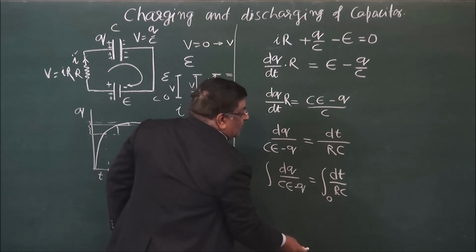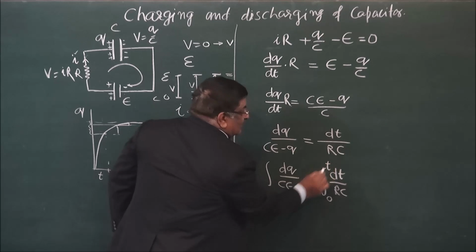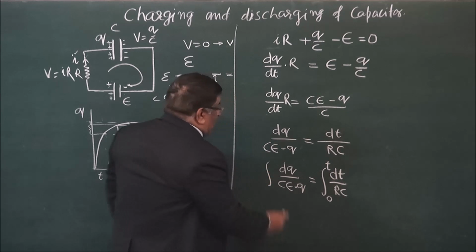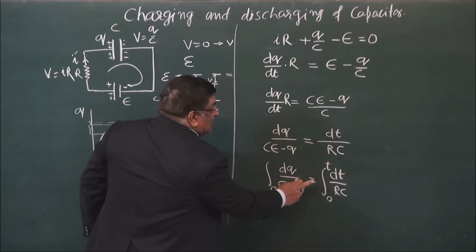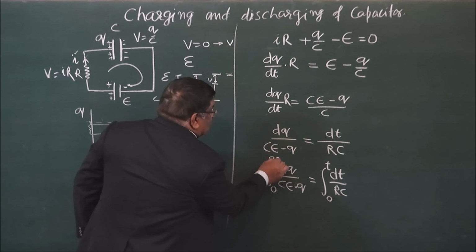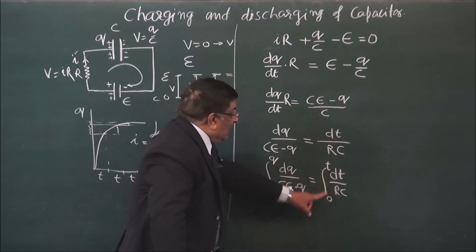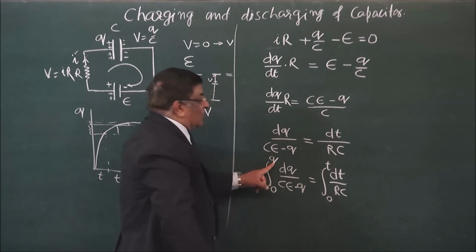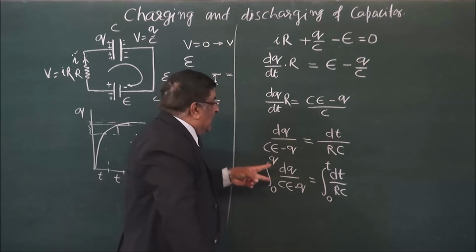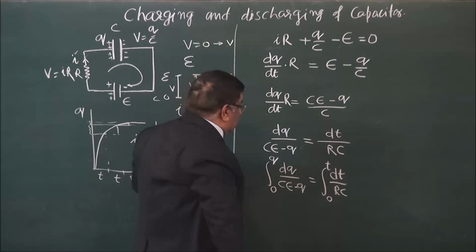When we are taking the observation, the time is t. When we started the cell, the charge on the capacitor was 0. When we are taking this observation, the charge is q. So when the time changes from 0 to t, the charge on the capacitor changes from 0 to q. That is how we decide the simultaneous limits of the two.